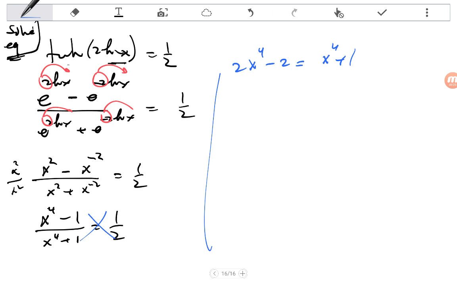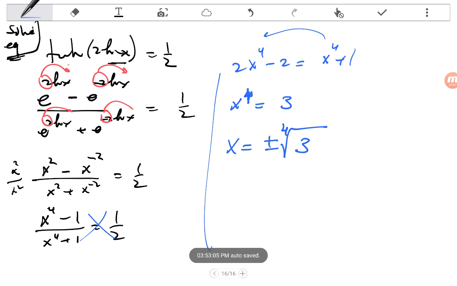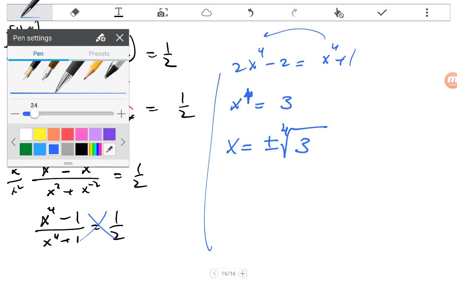I need to solve for x, so x power 4 is equal to 3, which means x will be plus or minus the 4th root of 3. X will be plus or minus, because this is an even root.